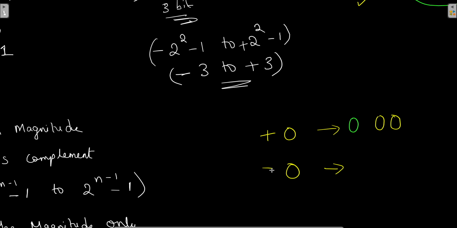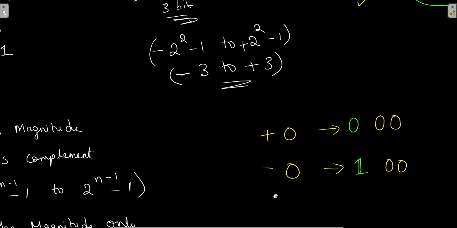Here also, for minus, we take the sign as 1, and the remaining 2 bits I am taking as 0.